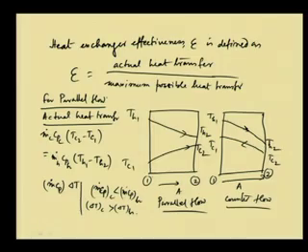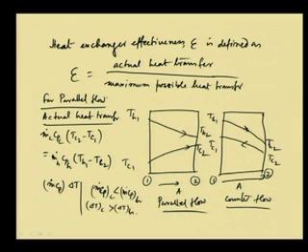So, the maximum possible heat transfer would be, for any of the fluids, whether hot or cold, their heat flow rate into the maximum temperature difference. The maximum temperature difference here will be Th1 minus Tc1. So, in this particular case, at the entry point, the temperature difference is maximum.